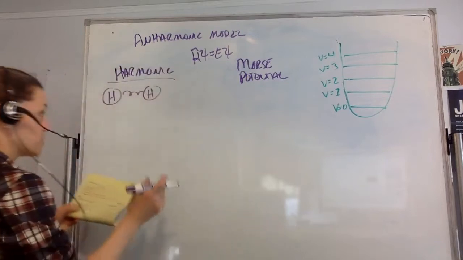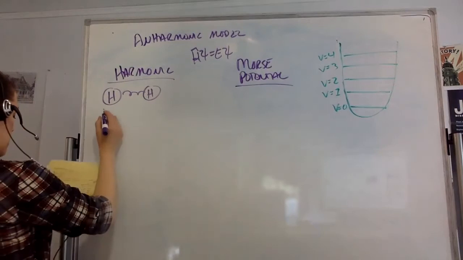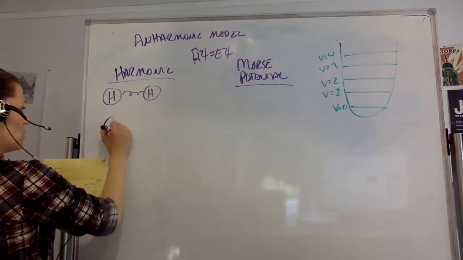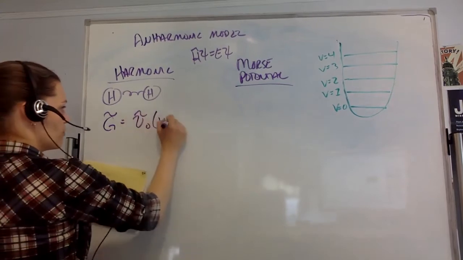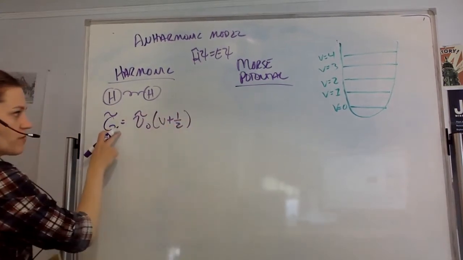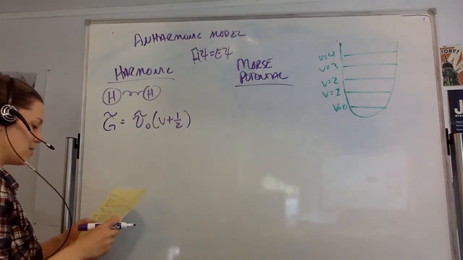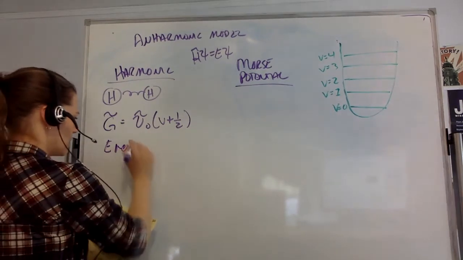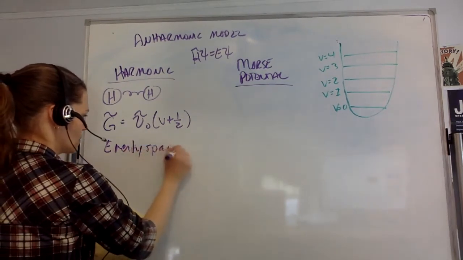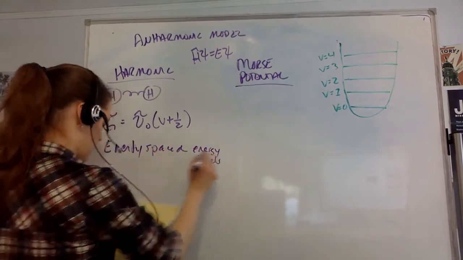All right, so let's do a comparison between the harmonic and the Morse. Here we've got the vibrational modes, so there's your vibrational term symbol, or vibrational term, and you get evenly spaced energy levels.